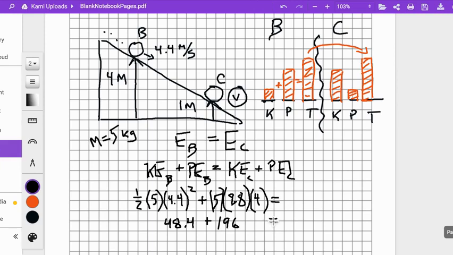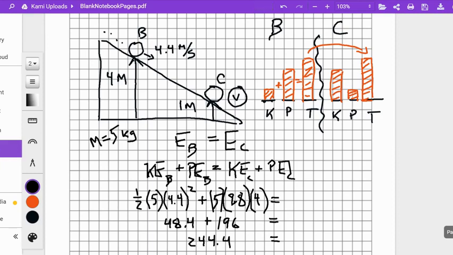So that's the energy that I have at point B. I'm going to add those numbers up. That gives me a total energy of 244.4. Okay, so that's the energy at B, the total energy.